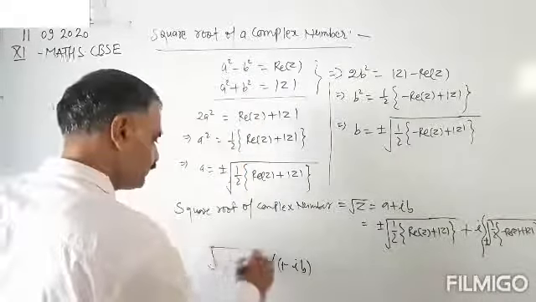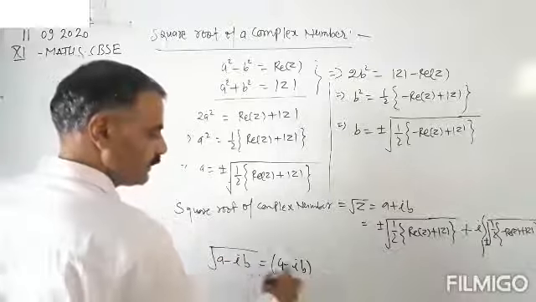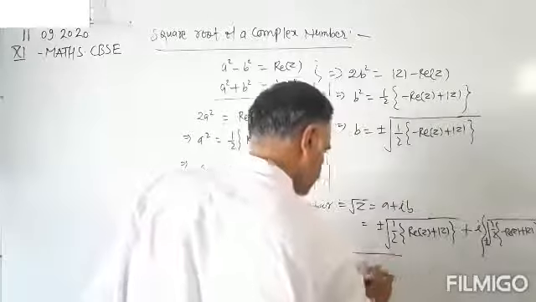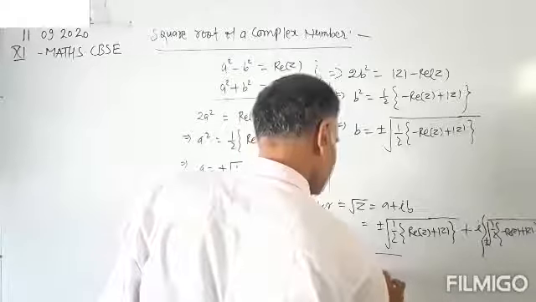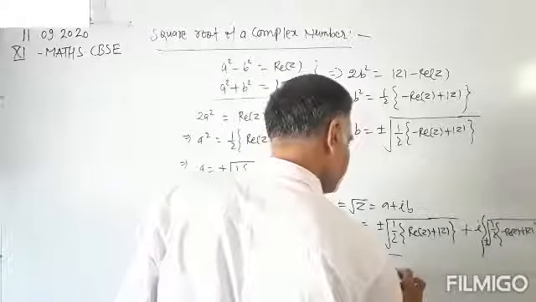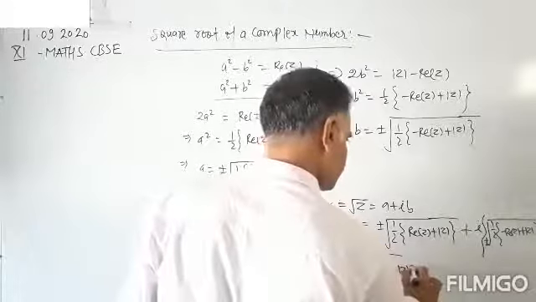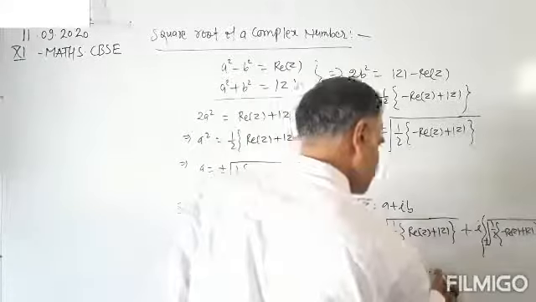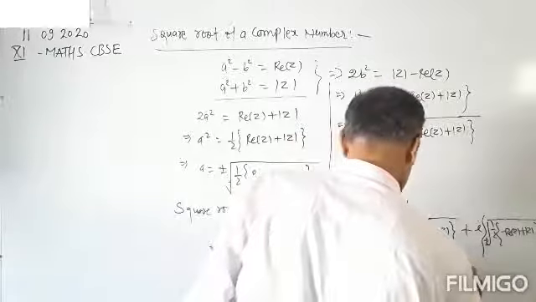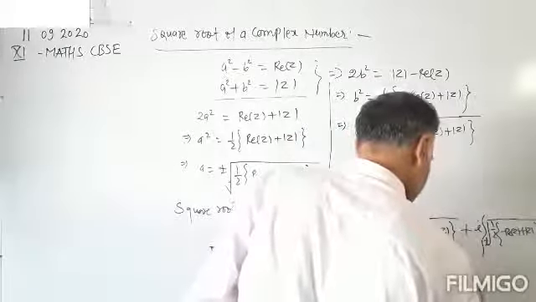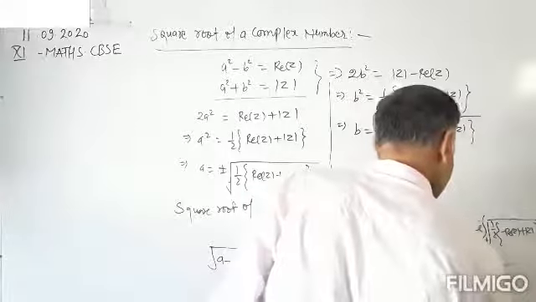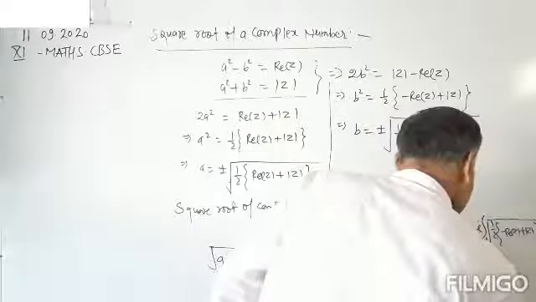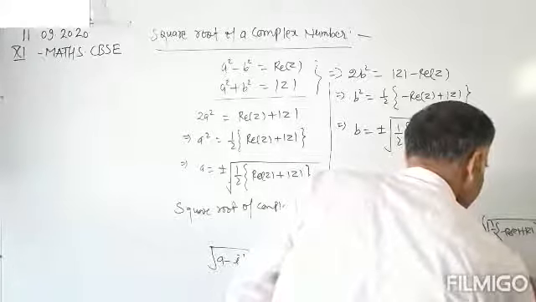If we are finding the square root of a minus iota b, then this equals plus minus under root half of real part of z plus magnitude of z, plus, now this is minus, so minus iota times plus minus under root half of minus real part of z plus magnitude of z.